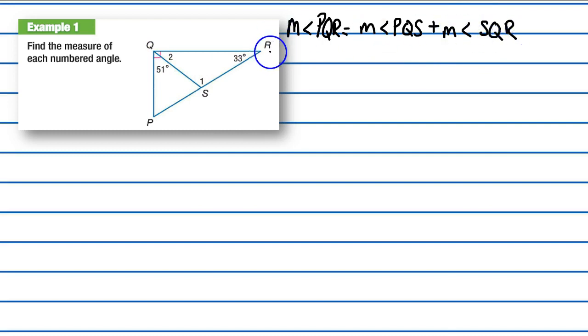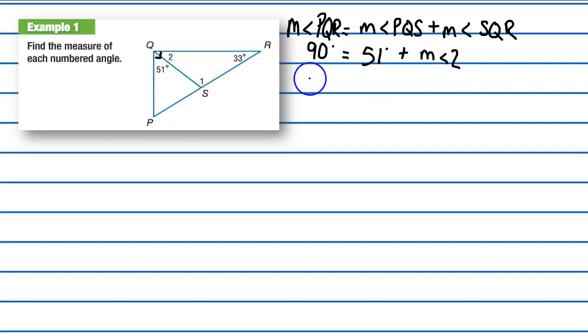Alright, so let's put our information that we know together. The measure of angle PQR is 90 degrees. That's indicated by this little box here. Let's plug in 90 degrees, is equal to the measure of PQS. Well, we know that one is 51 degrees, so plug that in, plus the measure of angle SQR, which is also the measure of angle 2.